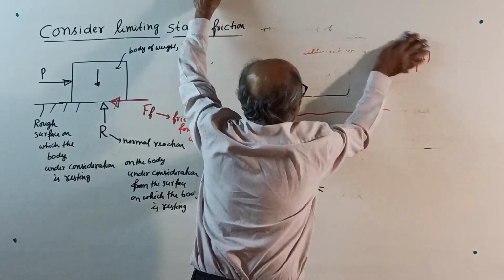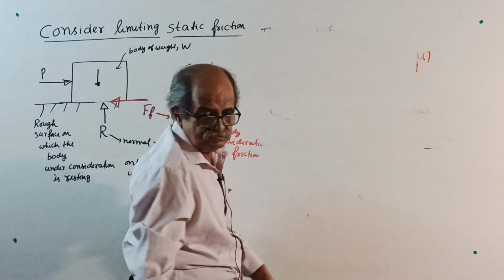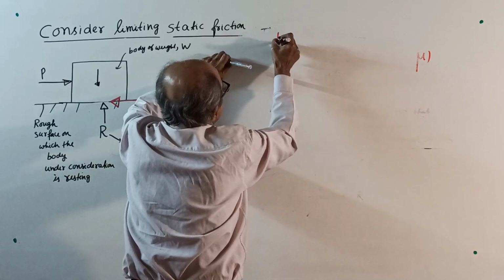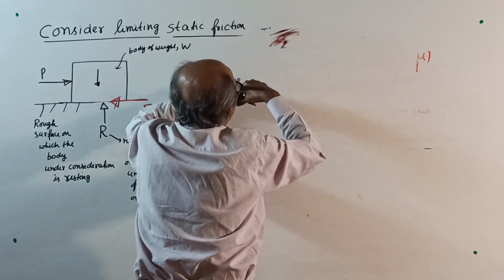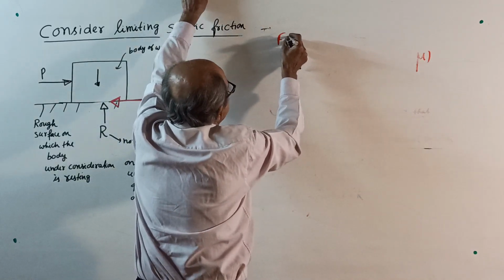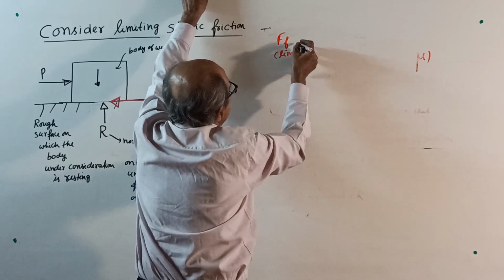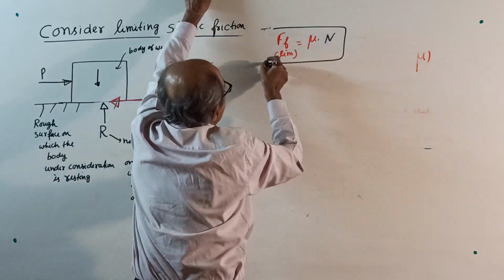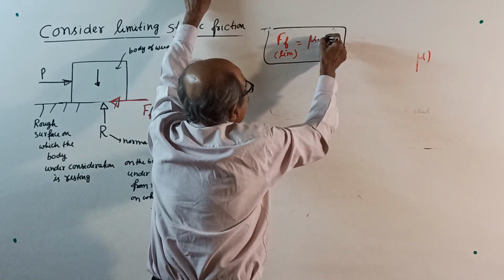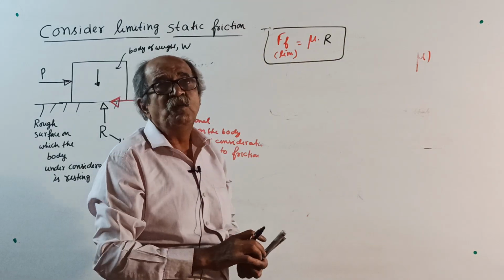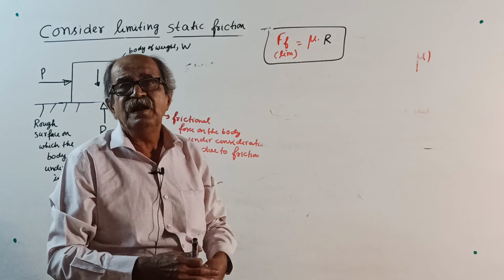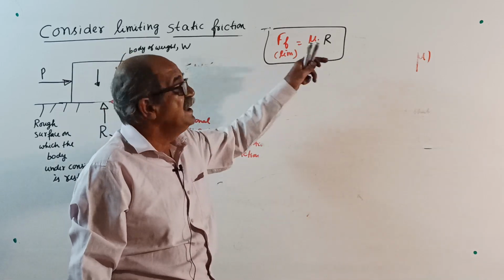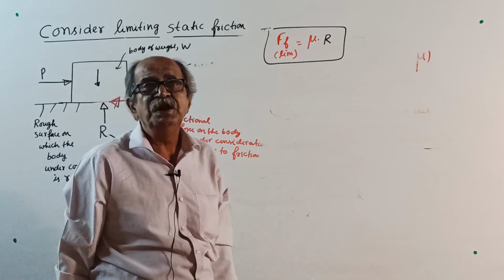We just now concluded you should write systematically Ff limit is mu into normal reaction R. Sorry, 15-20 years earlier, or even 30-40 years earlier, I used to take N for normal reaction. Then people used to give the question in Newton.